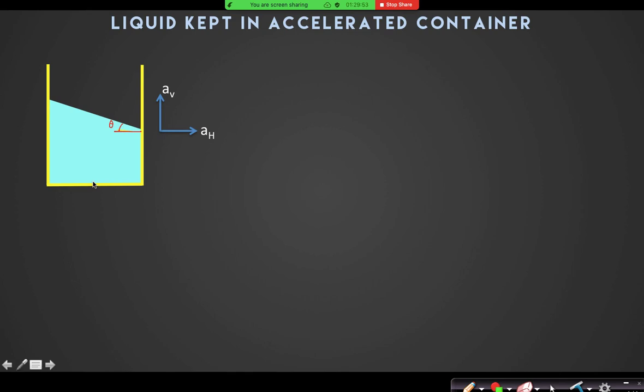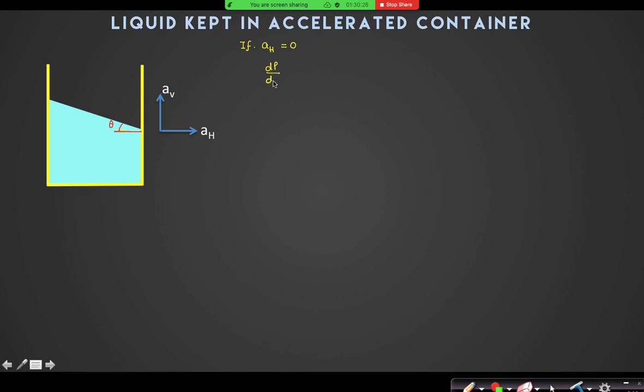Let us first find it for a liquid kept in a container which has an upward acceleration aV, with aH equal to 0. Suppose for the time being aH is equal to 0. Then what is dP by dy?